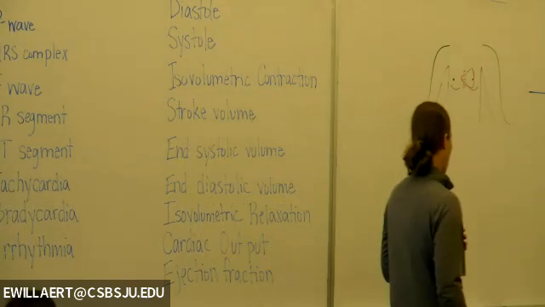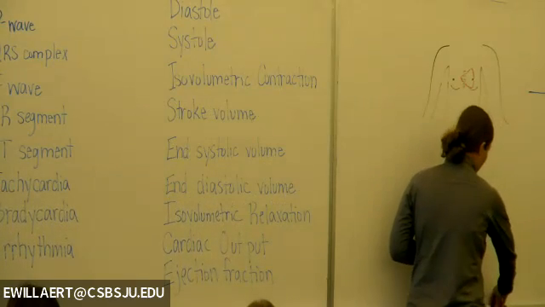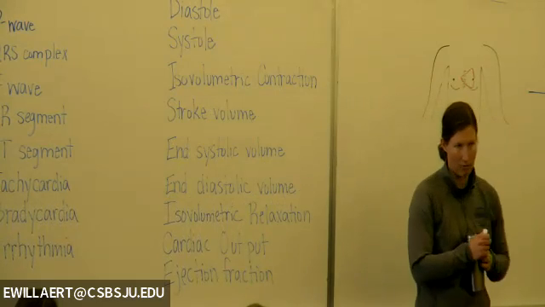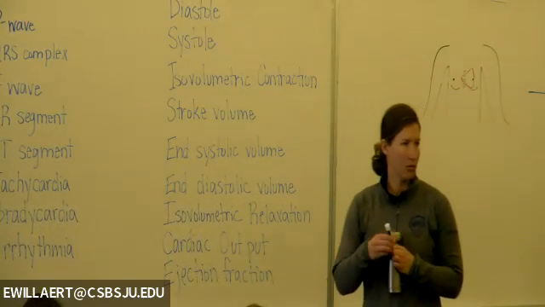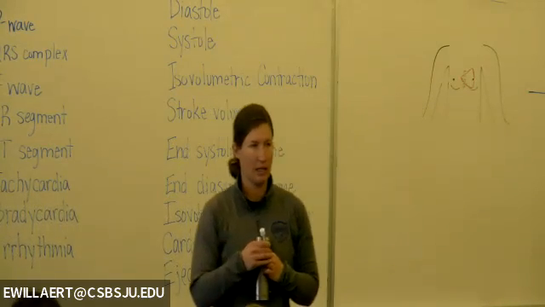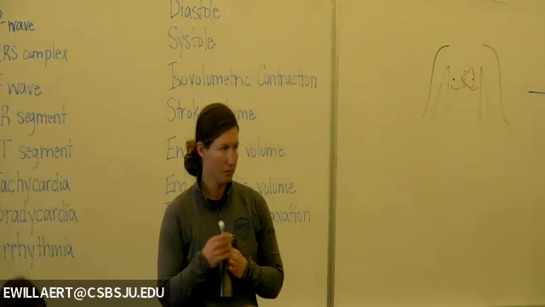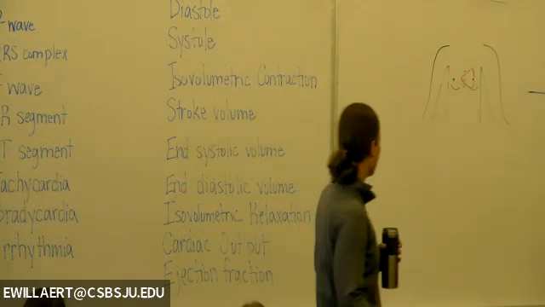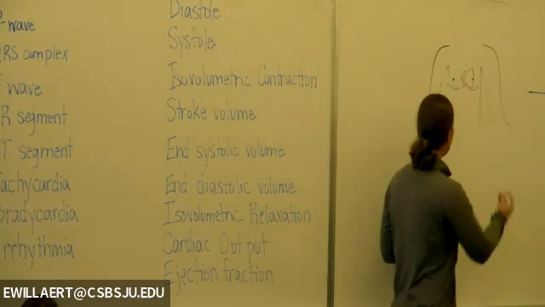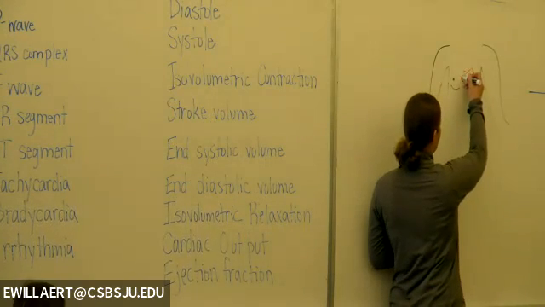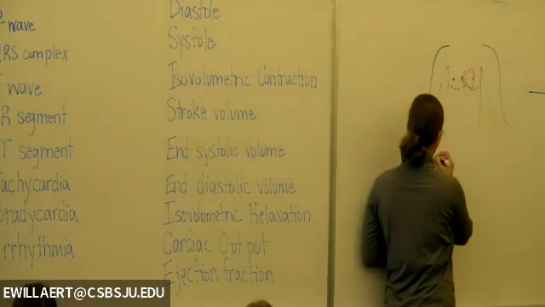Okay, so every time our SA node sent a signal, remember SA node? Where is our SA node located? Right atrium. Okay, right atrium right here is the SA node.